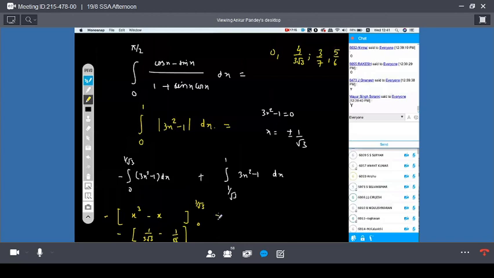So then you will add and see here. The integration here is also x cube minus x, between 1 and 1 by root 3. 1 is coming as 1 minus 1, 0. Minus, of the same x cube is 1 by 3 root 3, minus 1 by root 3.